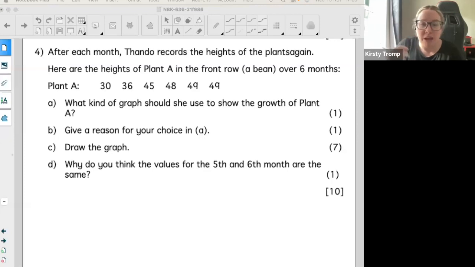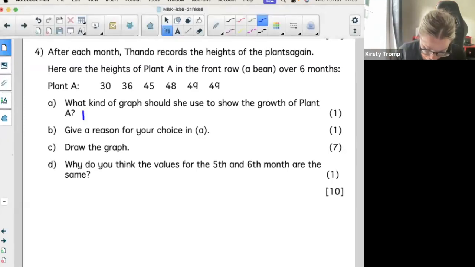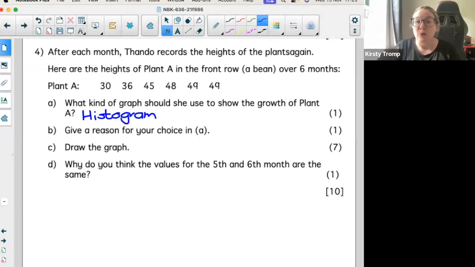So the better graph to use, because we're measuring the same plant and because the data is continuous, is going to be a histogram. The reason why we used a bar graph before was because we were looking at plants that were the same category, but there were different kinds of plants. For this one, it's the same plant, it's just over a different time period.